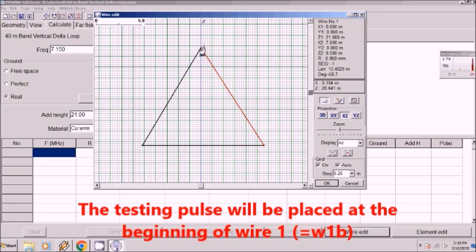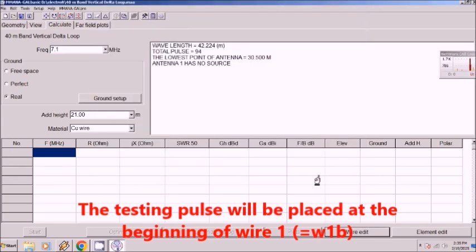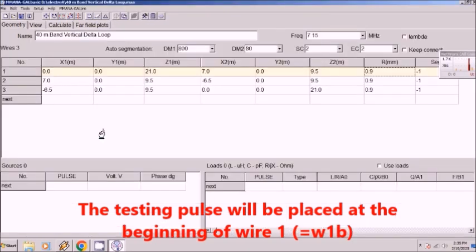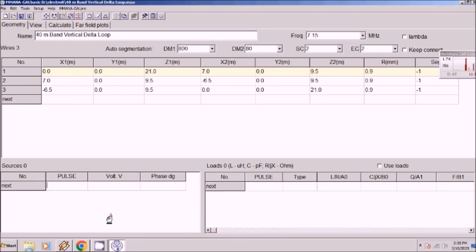So how to do that? Add the pulse variable here. Just type W1B, which stands for at the beginning of wire 1.